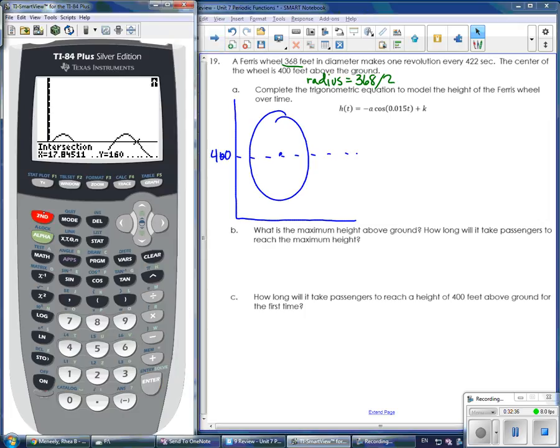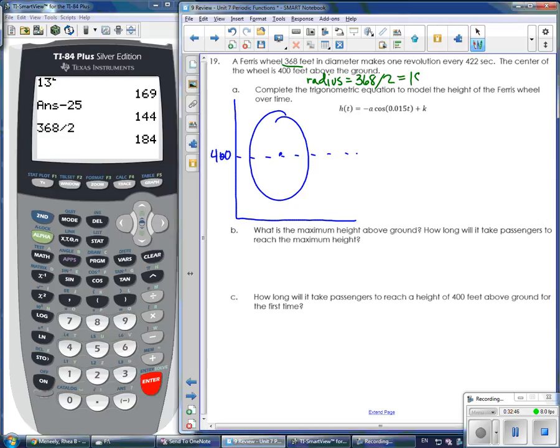So if we go to our home screen, 368 divided by 2 gives me a radius of 184. Okay, and so the radius tells me my amplitude. The 400 feet is my midline.